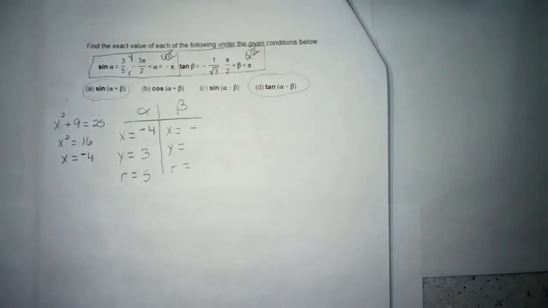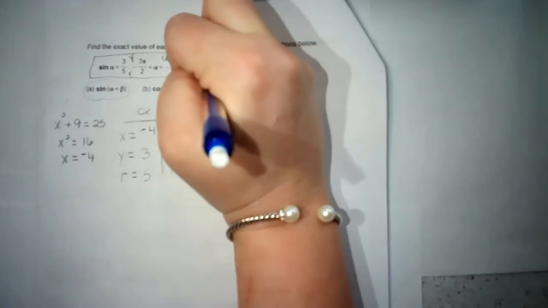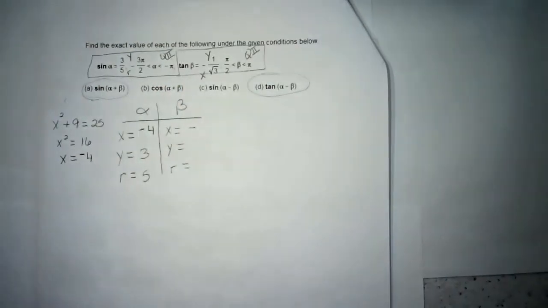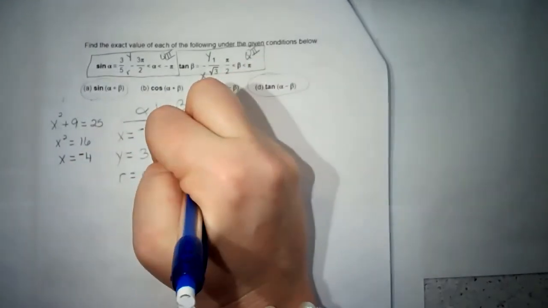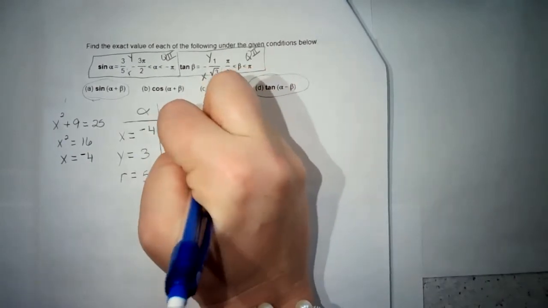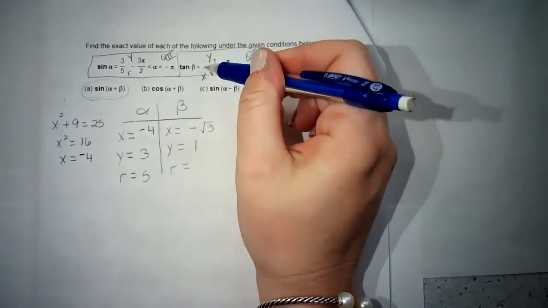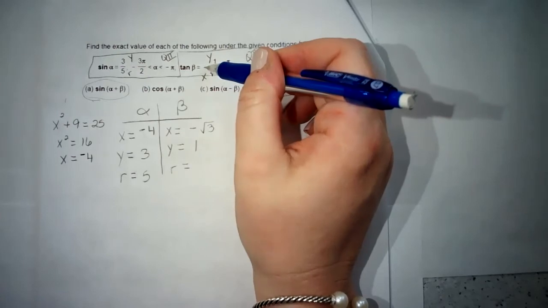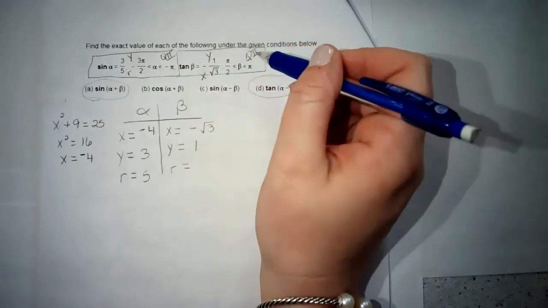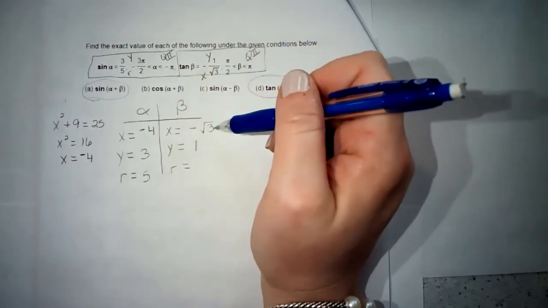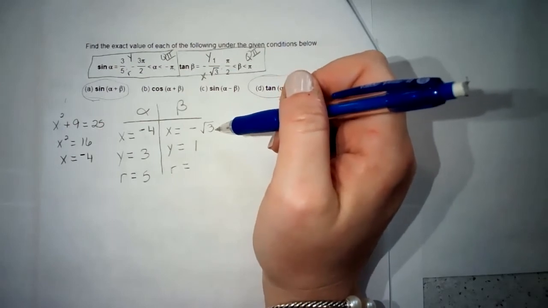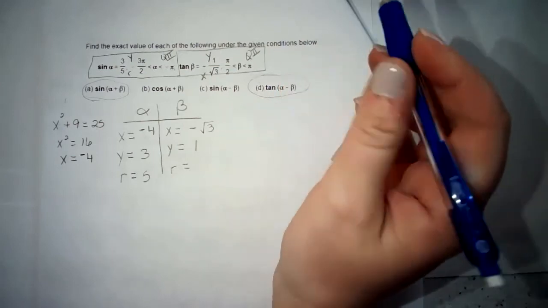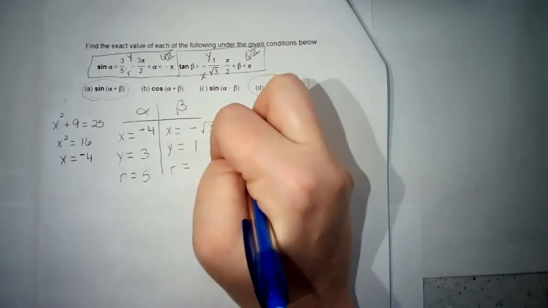They give us tangent, so tangent is y over x. So y is 1, x is square root of 3. Now, it's negative. We wouldn't have known who the negative was supposed to go with, except that because it's quadrant 2, we know it has to go with x. Does that make sense?